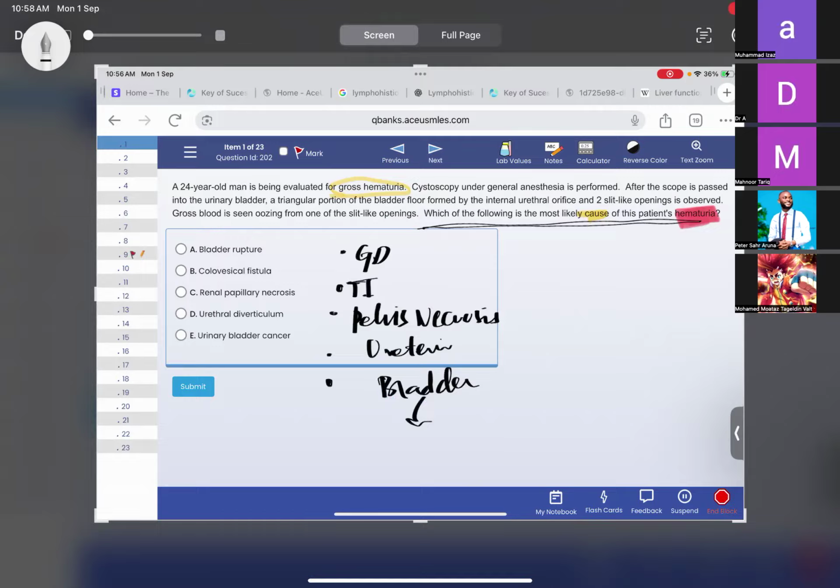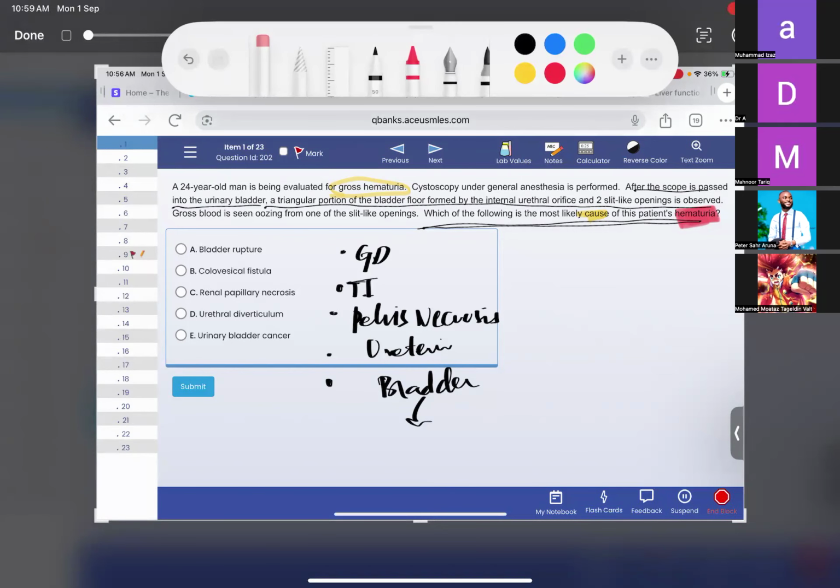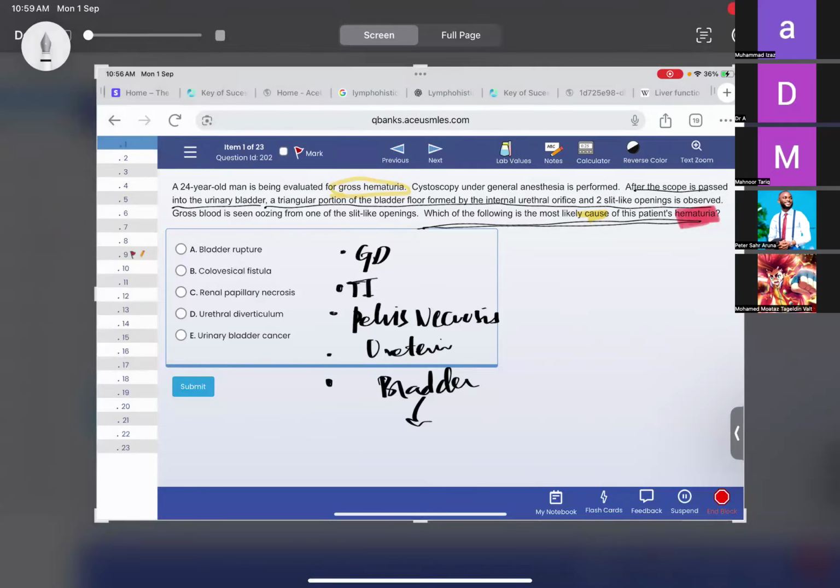After the scope is passed into the urinary bladder, a trigone portion of the bladder formed by the internal urethral orifice and two slit-like openings is observed. What are these openings? Openings of the ureters, right? So they are talking about the openings of the ureters. Blood is oozing from one slit-like opening.